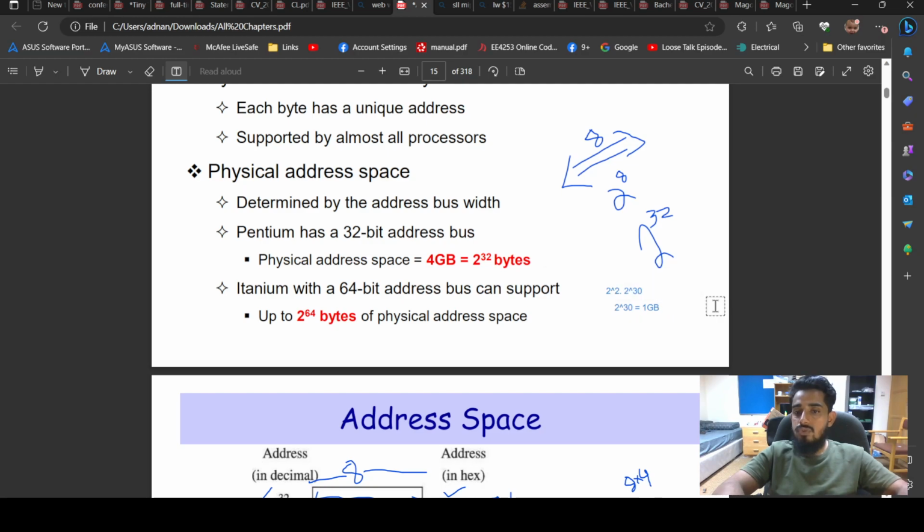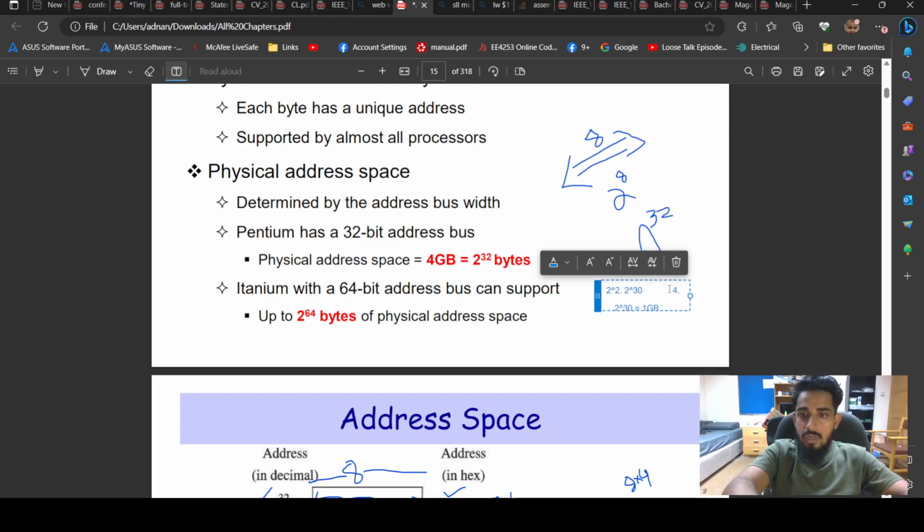So it becomes 2 to the 2 into 2 raised to the power 30, which is actually 4 gigabytes.